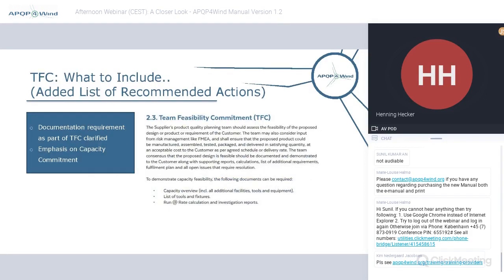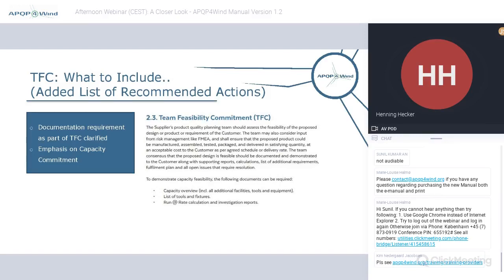We followed with some recommended actions. For example, especially in the team feasibility commitment, we added the run at rate calculation to it, because it was discussed very often how we can really make sure that our suppliers will follow the process, and how they make sure that they can actually deliver all the material that's supposed to come in by a special due date.